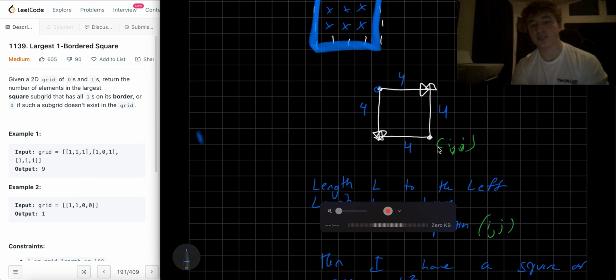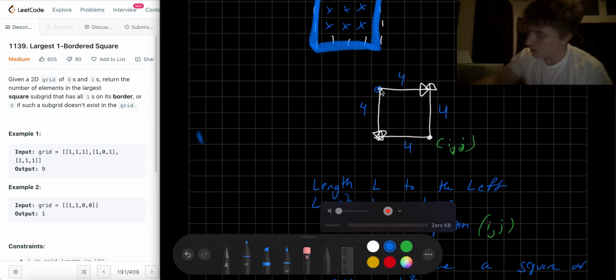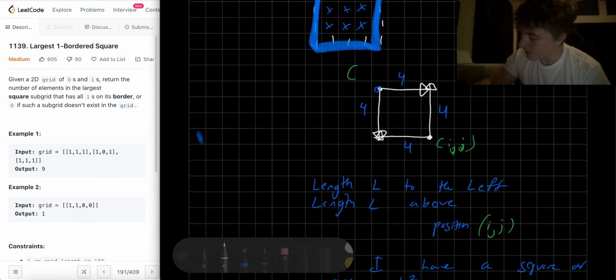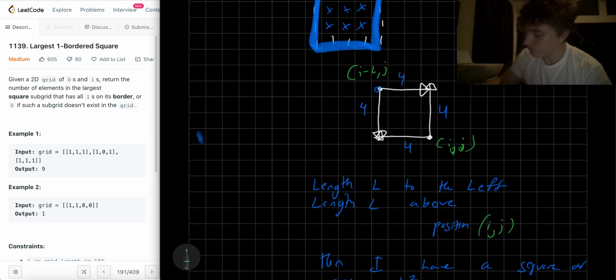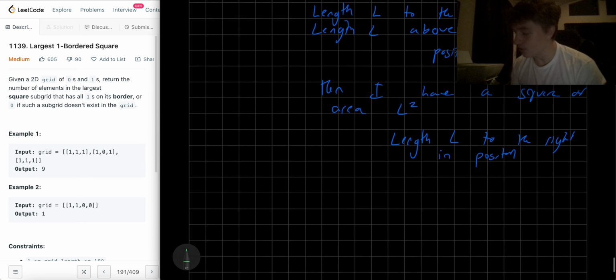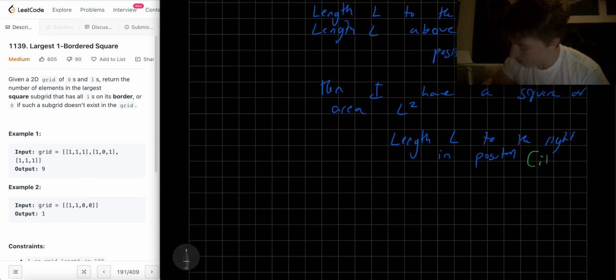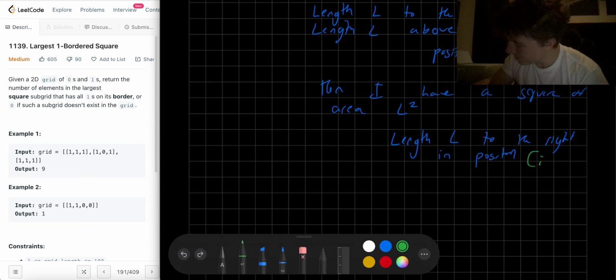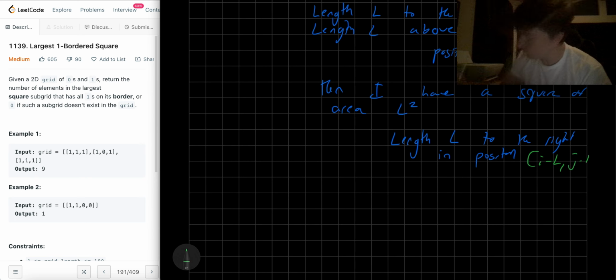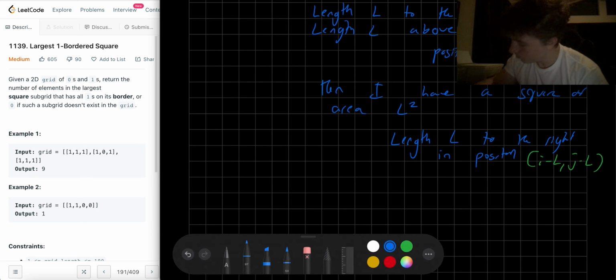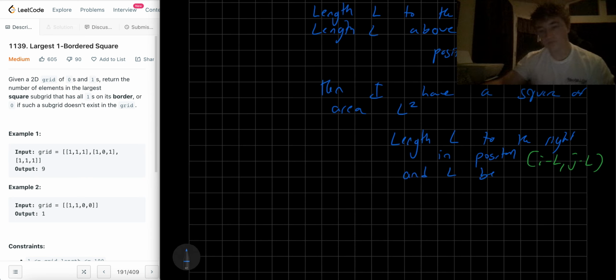And this position is I minus L, J minus L. So I need length L to the right in position I minus L, J minus L, and L below in the same position.